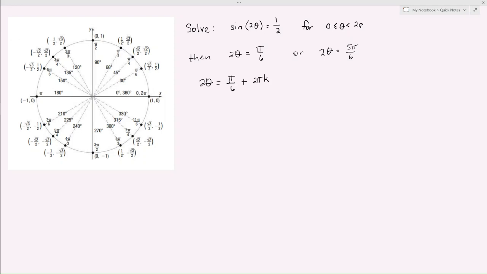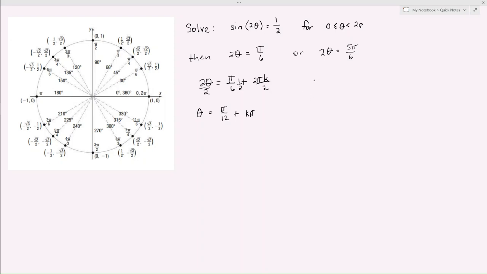And we're interested not in what 2 times theta is, but what theta is, so we're going to divide everywhere by 2. So in terms of theta, we're going to get one situation where theta is pi over 12 plus k pi. Okay, so reducing everywhere by 1/2.